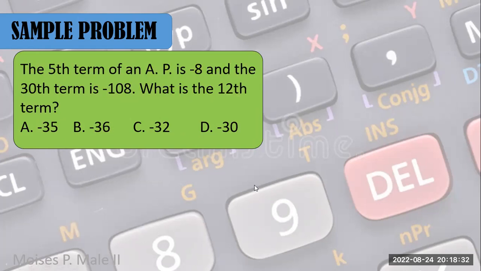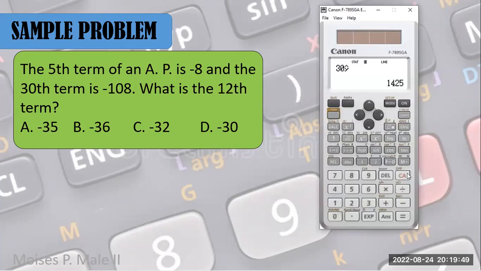Okay. So ito, fifth term of AP is negative 8. 30th term is negative 108. And the 12th term is, what is the 12th term? So this is an arithmetic progression. So, pag hinanap natin yung, hanapin natin yung 12th term, so ibig sabihin linear lang yung kailangan natin.